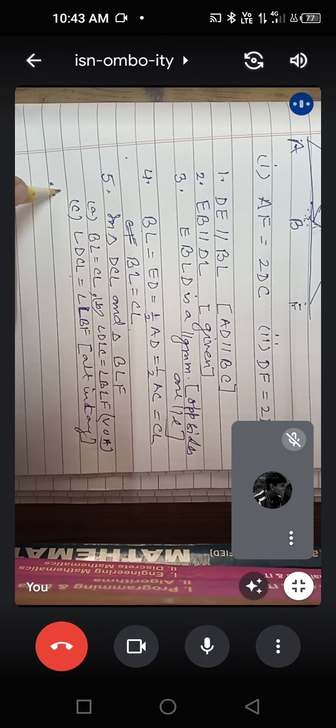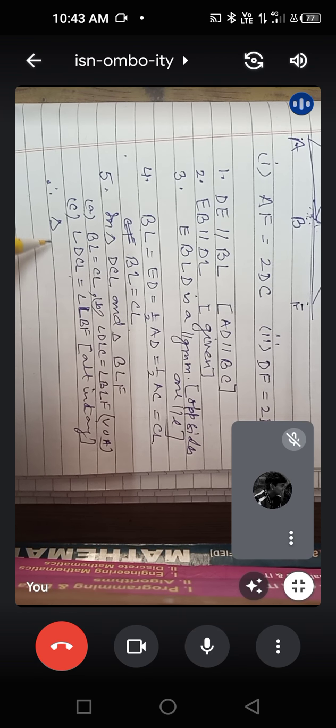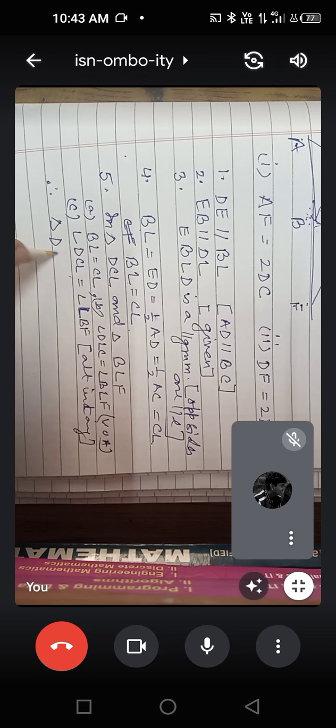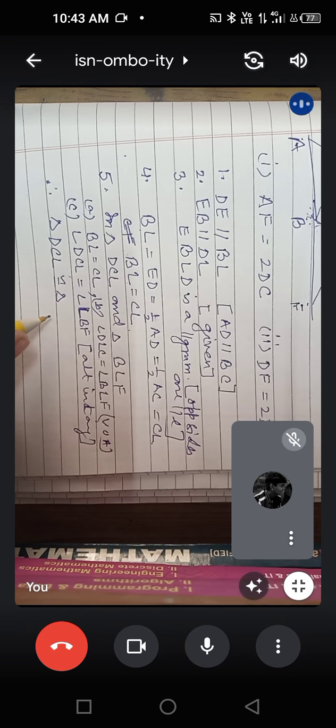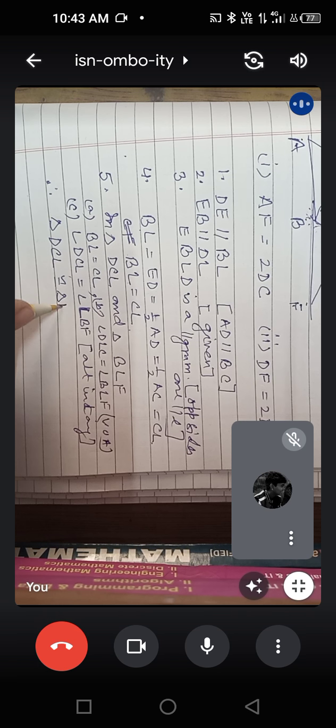Therefore, you see triangle DCL is congruent to triangle FBL.